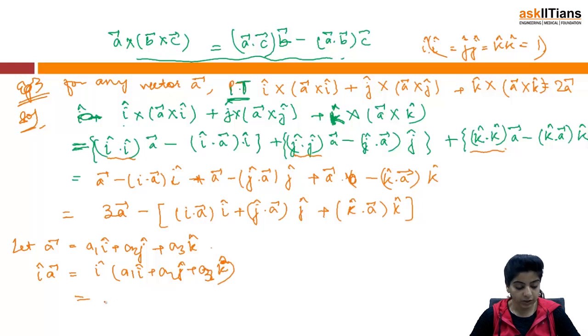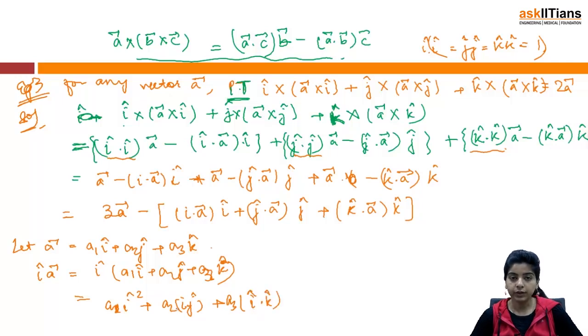So this would be equal to A1 I square plus A2 I dot J plus A3 I dot K. This is what you will get if you have A as this, when trying to find out the value of I dot A.